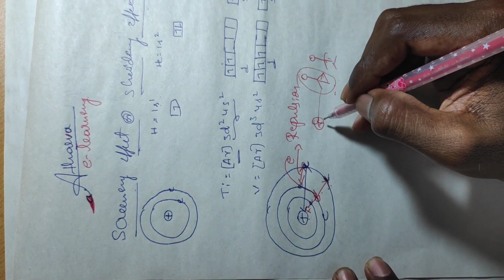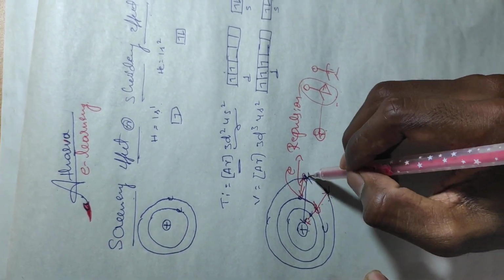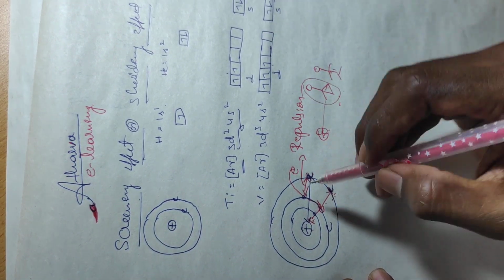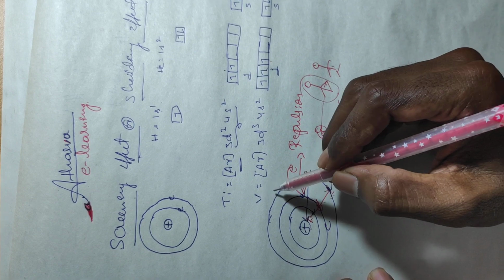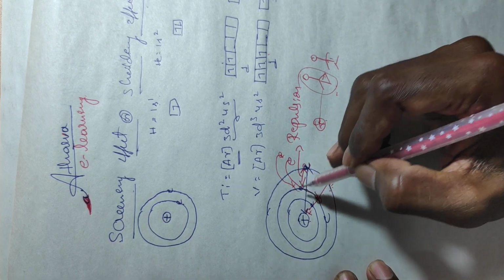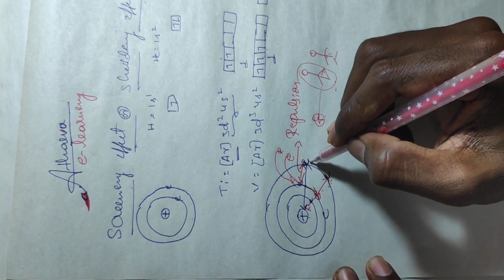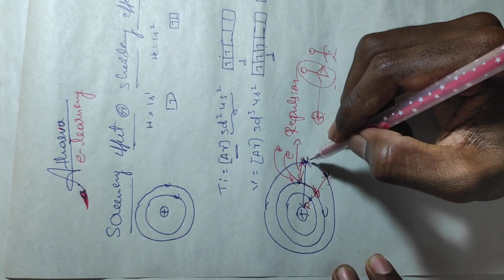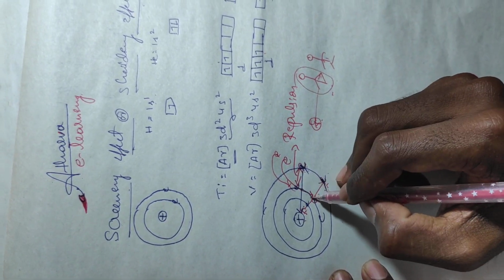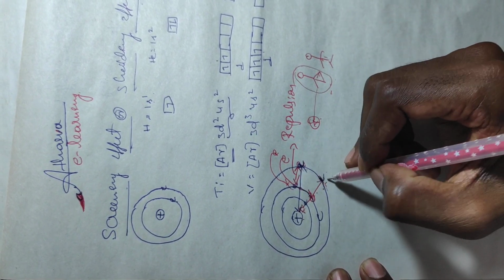Because of this repulsion, the force of attraction will decrease. If one electron is added in the case of vanadium, and if you come to chromium, another electron comes. So there are more electrons present in this shell, and more repulsion exists between the valence electrons and these electrons. Because of that, the force of attraction between the nucleus and the electron will decrease.